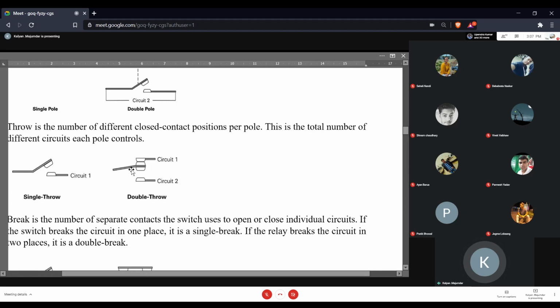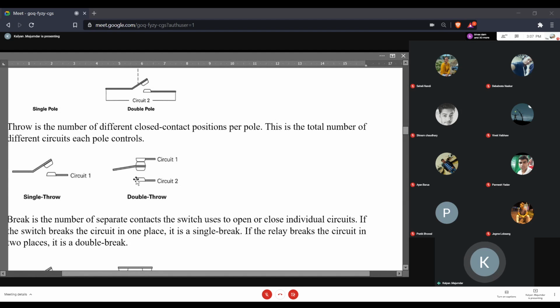This movable part of the pole can either come in contact with the lower contact, or it can come in contact with the upper contact. That means the pole can either connect to circuit 1 or the pole can connect to circuit 2. So this is what is referred to as a double throw switch. That means the pole can connect to two different circuits. Here the pole can only connect to one circuit.